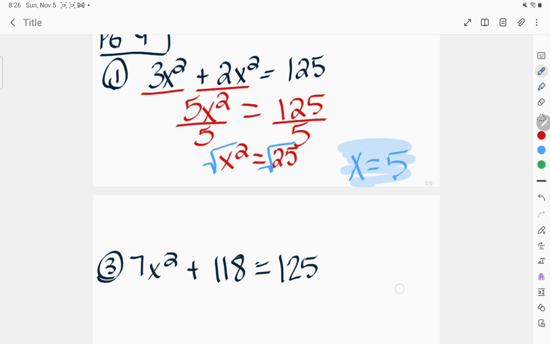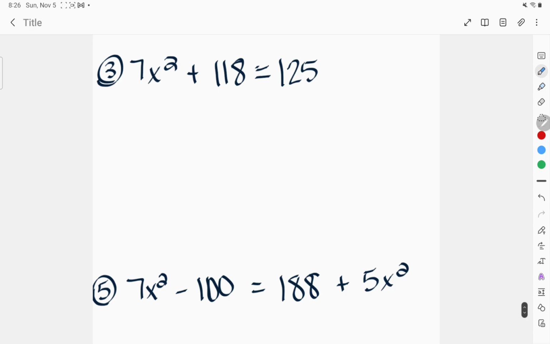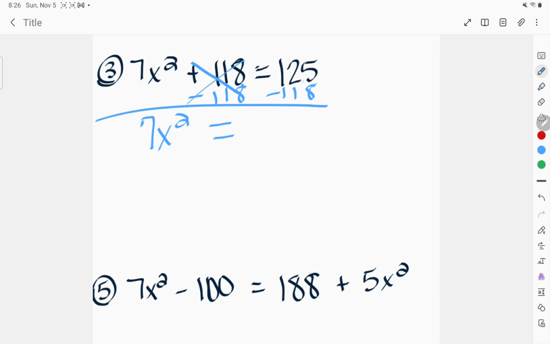Okay. Number 3 over on page 9. So this one we're going to have to move. That's a positive 118, so I'm going to perform the opposite action, which is negative. Leaves me with 7x squared on the left side equals 112 minus 118.